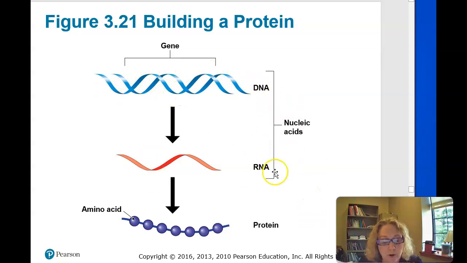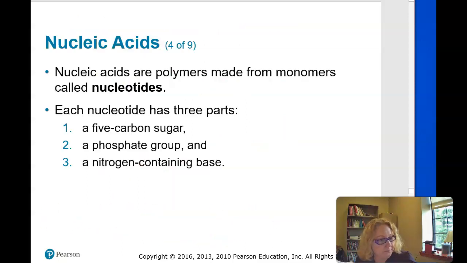So your DNA or your RNA, whichever nucleic acid you're working with, will form an amino acid, and that will form a protein. So do you see now how sickle cell is inherited through the DNA? The wrong nucleotide here creates the wrong folding in the amino acid sequence, which creates the wrong protein and gives you sickle cell. Nucleic acids are polymers made from monomers called nucleotides.